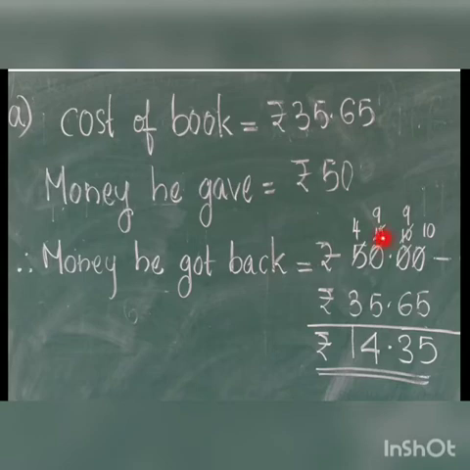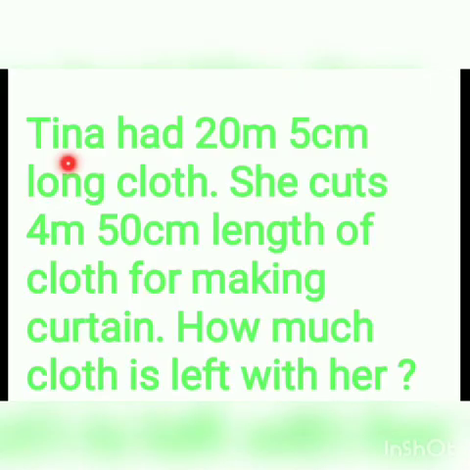So from 5 we are borrowing, 5 becomes 4. These 2 zeros become 9 and the last 0 becomes 10. Now 10 minus 5, 5. 9 minus 6, 3. 9 minus 5, 4. 4 minus 3, 1. So how much money did he get back? The shopkeeper gave him rupees 14.35.